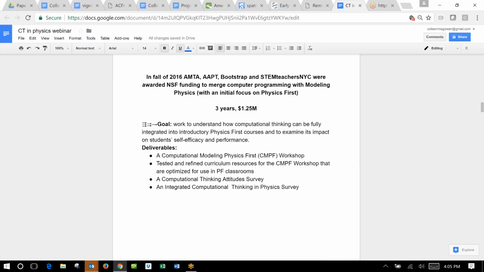And Bootstrap is some computer scientists in New England, at Brown University in Providence, and at UMass Amherst and several other schools, who actually write computer languages, which is kind of interesting.